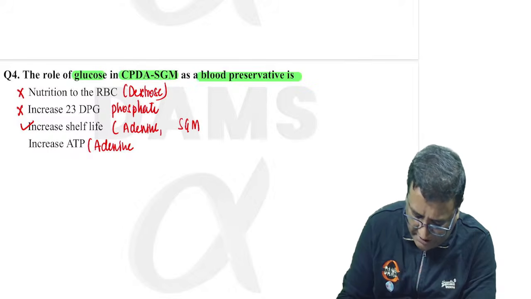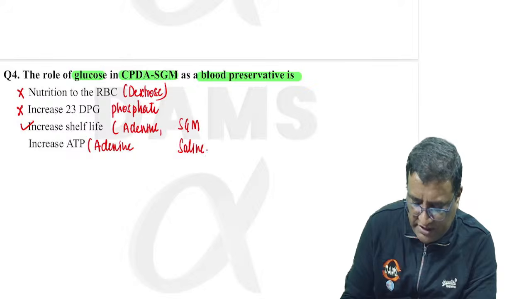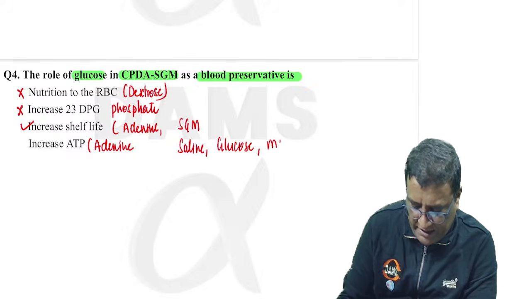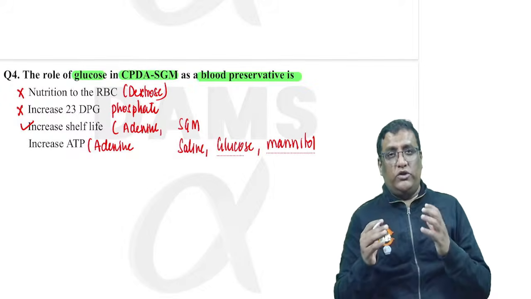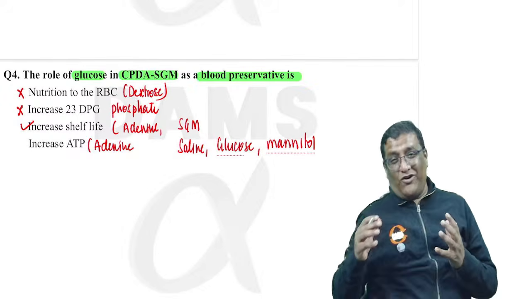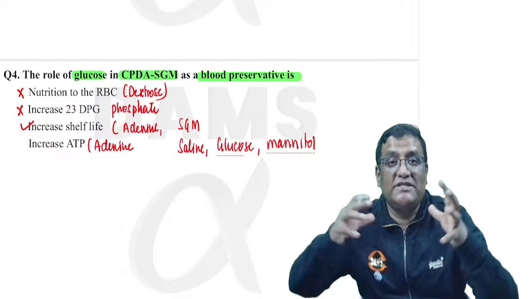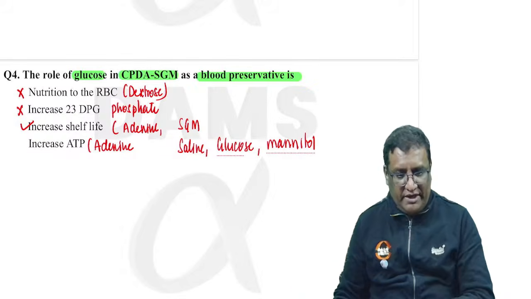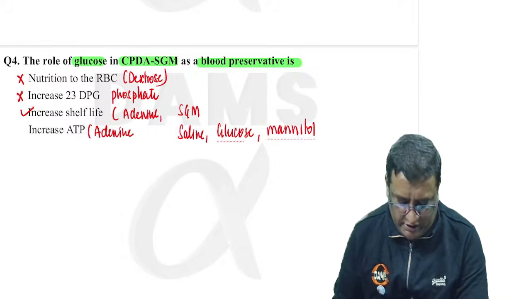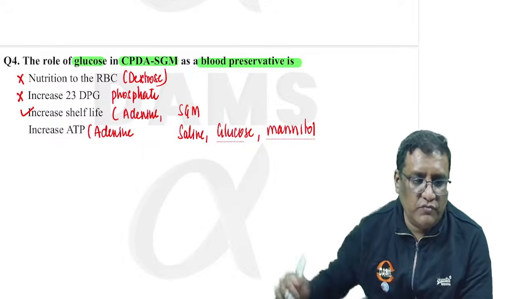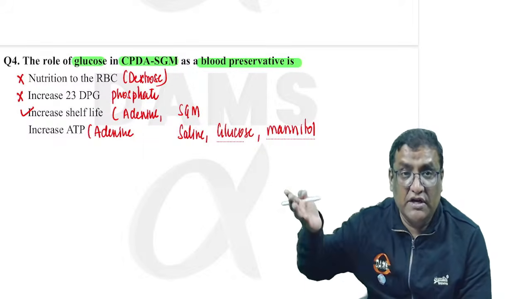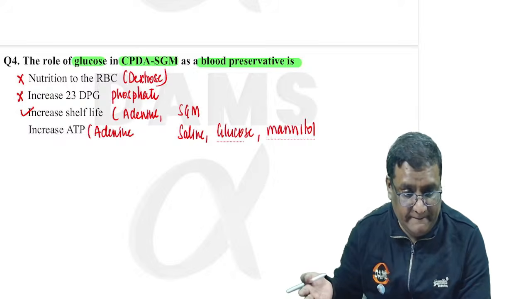What does SGM stand for? Saline glucose and mannitol. If you remember this also, we add saline glucose mannitol. What do saline glucose mannitol do? They are osmotic agents, and because they are osmotic agents, they do not allow the RBCs to swell. That is what is happening. That is your CPDA SGM. Adenine also increases shelf life by increasing ATP.